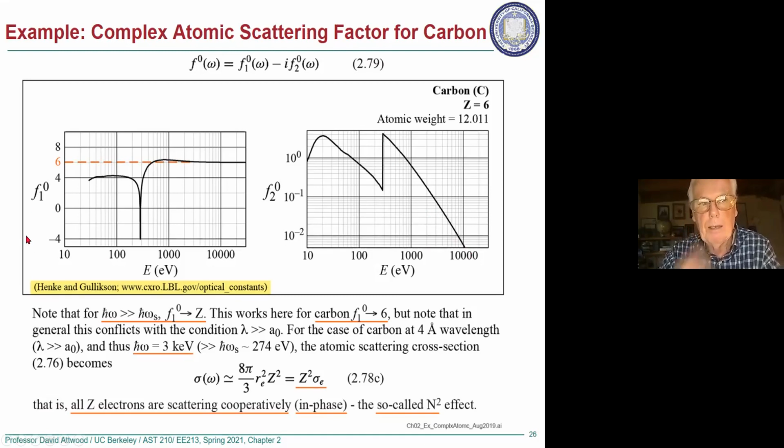The real part, shown here, you see as you increase photon energy, that part of the oscillator strength basically levels off at 6, okay?